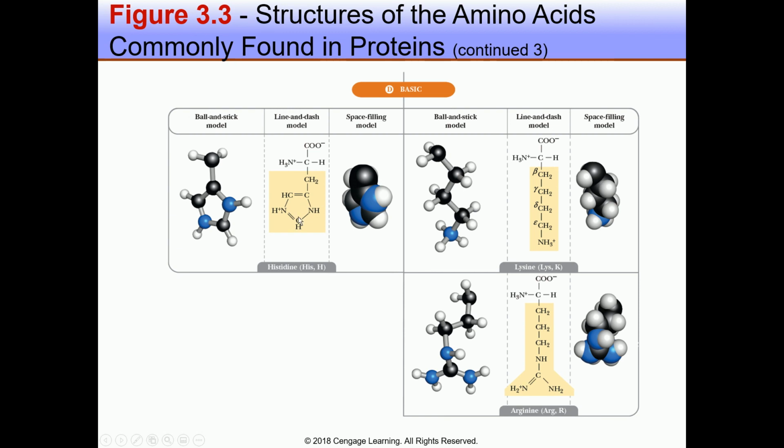You can see this is an amino group, and because of it, it has a positive charge. This is arginine. This is an amino group which has a positive charge on it. So here positive charge, positive charge, positive charge. So they have some functional groups in the R groups because of which they have the positive charge.